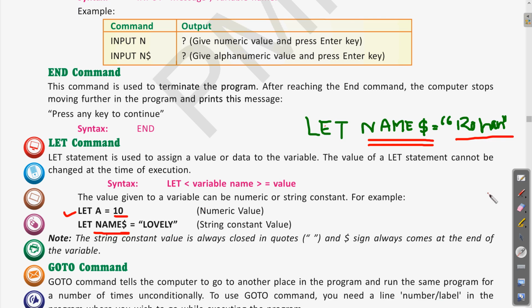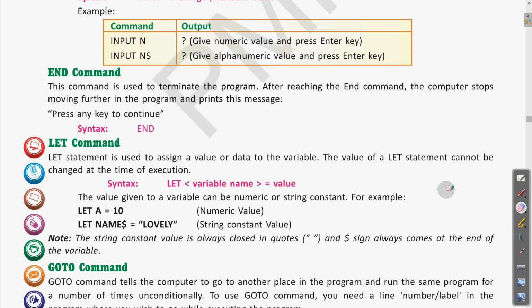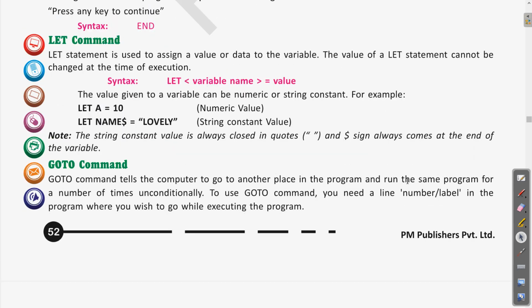Then next is the goto statement. Let us erase all this and come to the next command, that is the goto command. The goto command tells the computer to go to another place in the program and run the same program a number of times unconditionally.